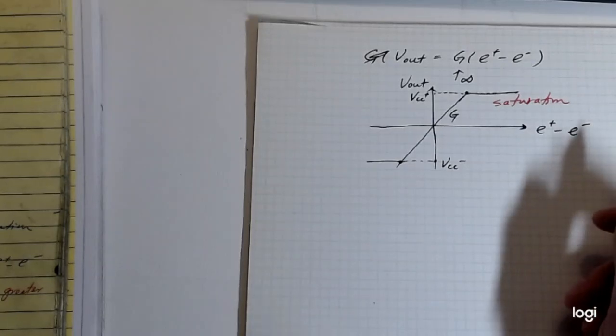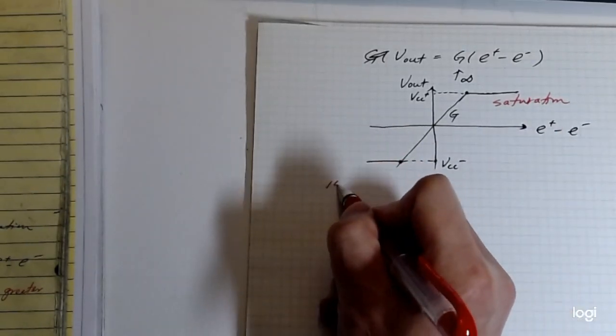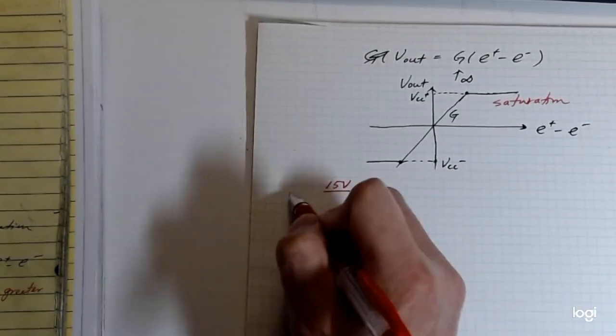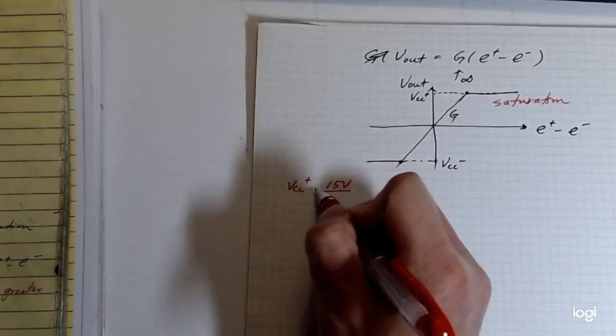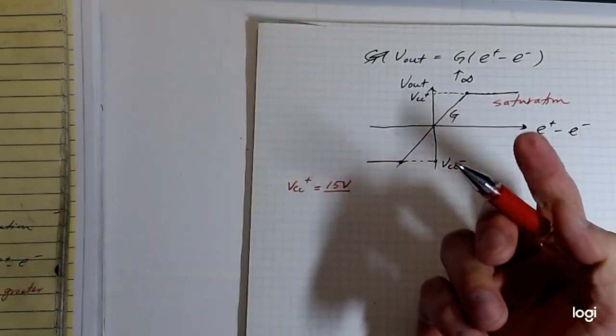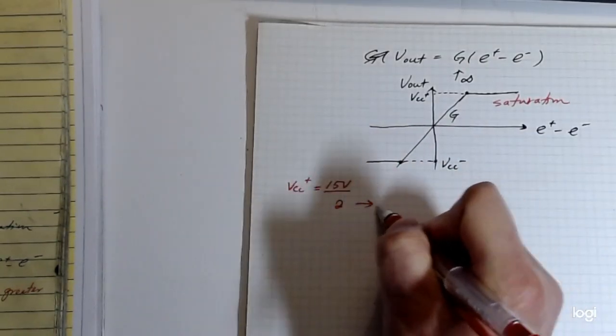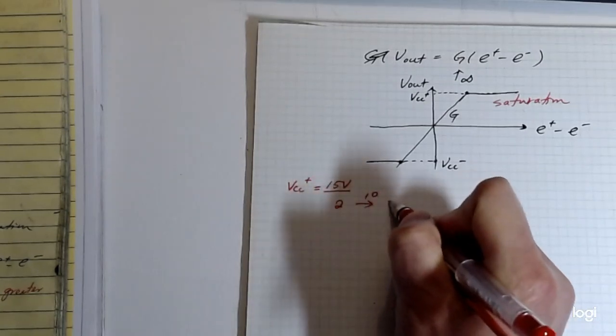If you remember in the lab, we have around 15 volts DC. But when you have a gain of 10, with input 2, output should be 20.